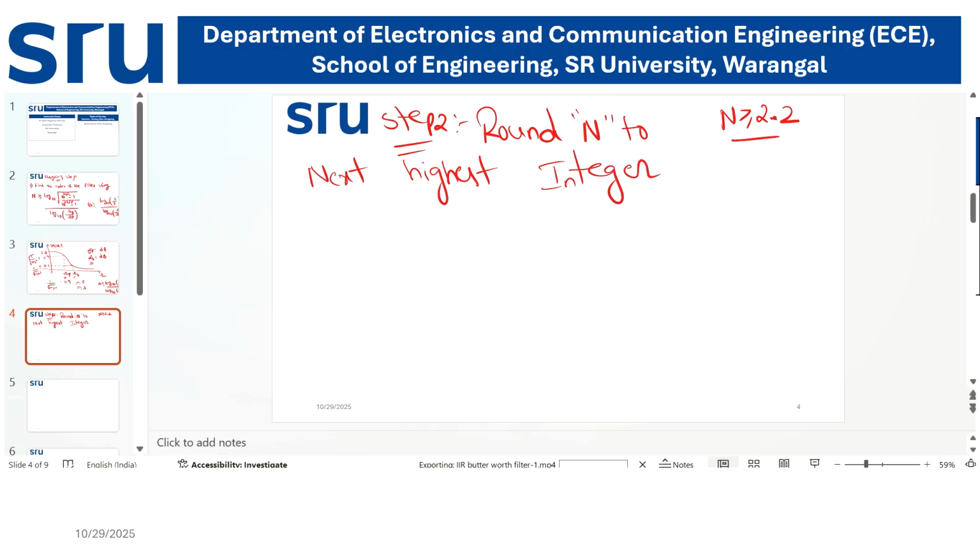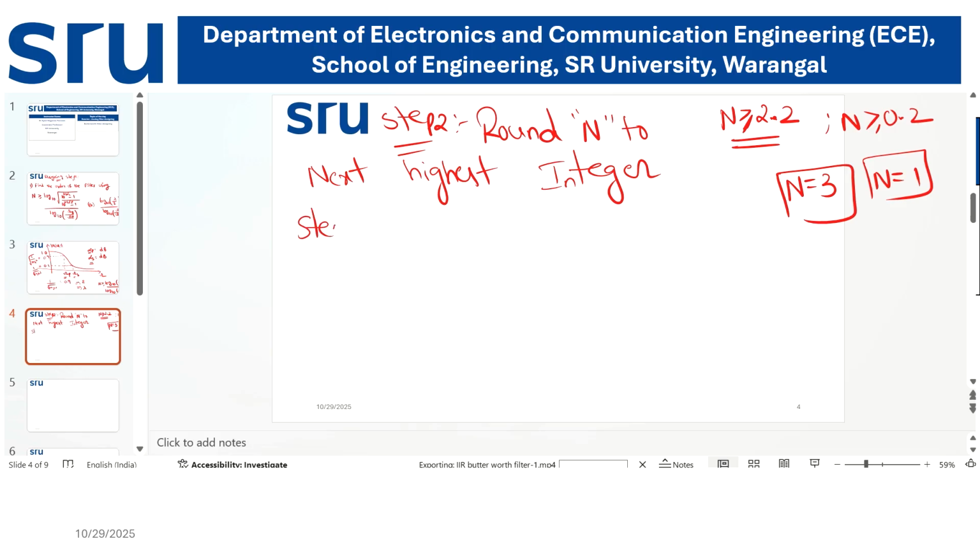If I got 2.2, then n is equal to 3. In the formula itself we have n greater than or equal to; if it is an integer it will be equal, and if it is a fractional value it will be greater.